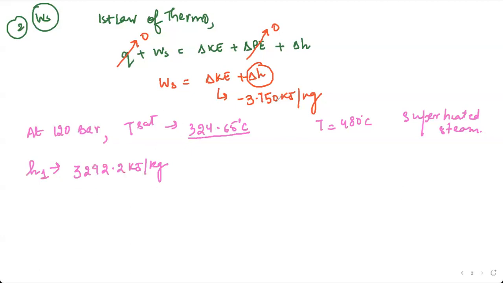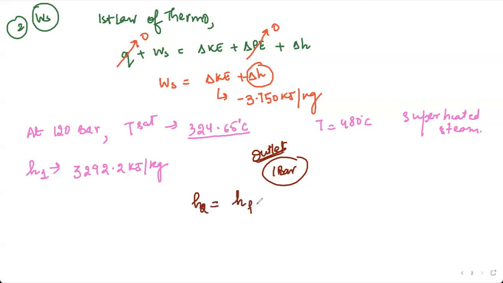So this is your H1. Now, how to calculate H2? Because your outlet temperature is not known to us. So how to calculate the H2 value? We are given that at outlet it is operating at 1 bar. So H2 will be given by this equation.